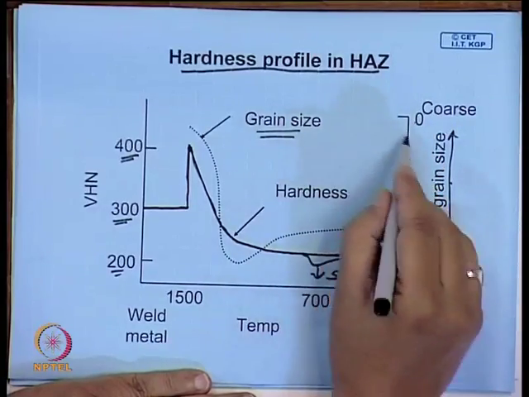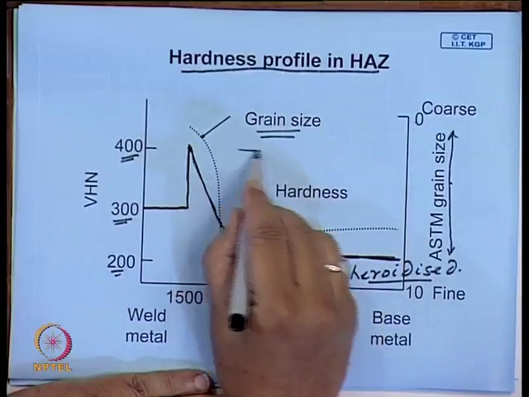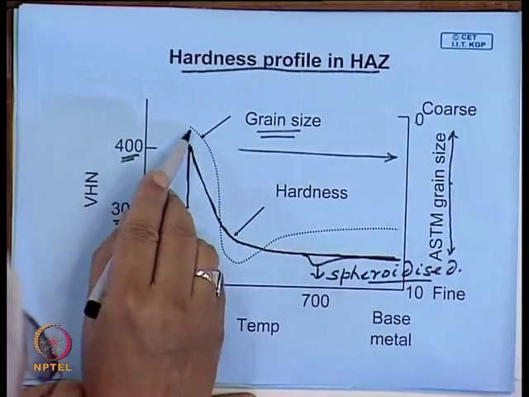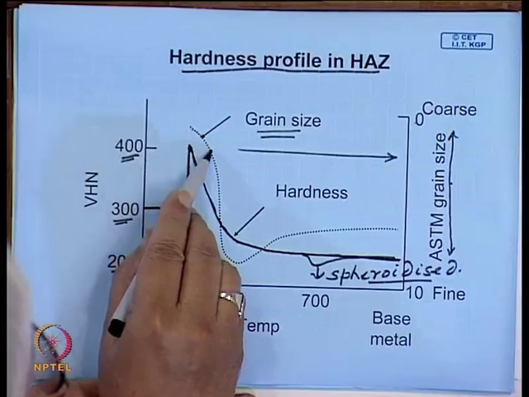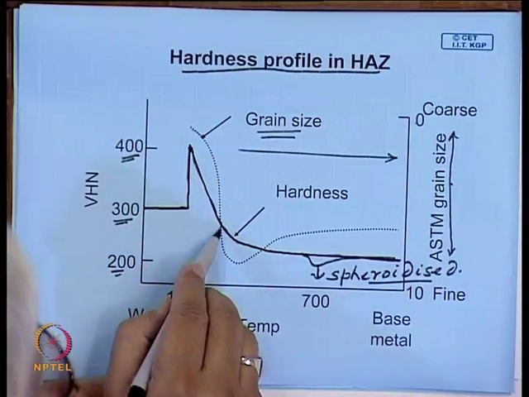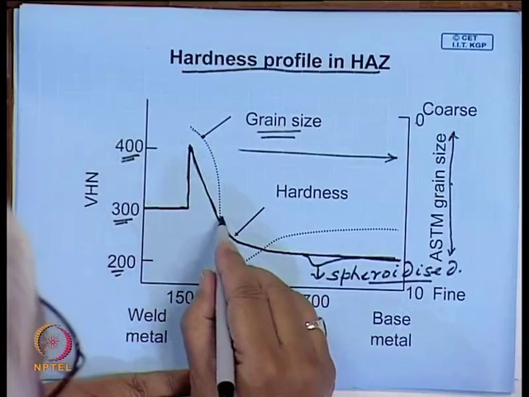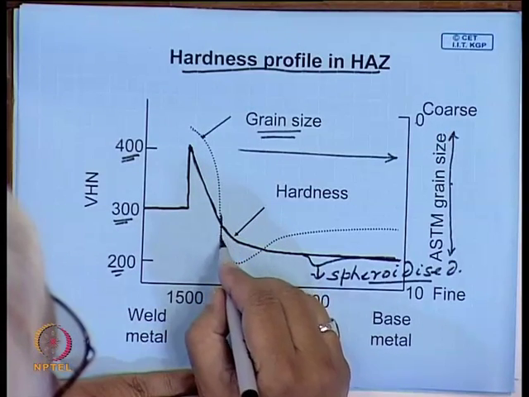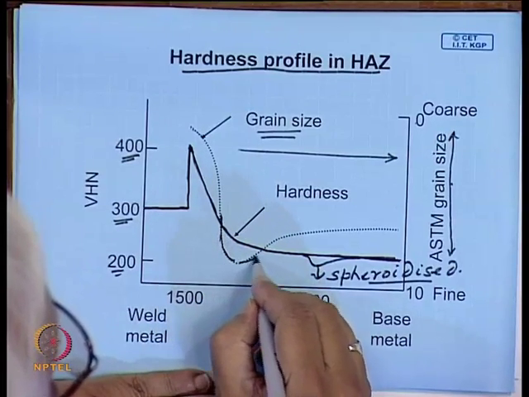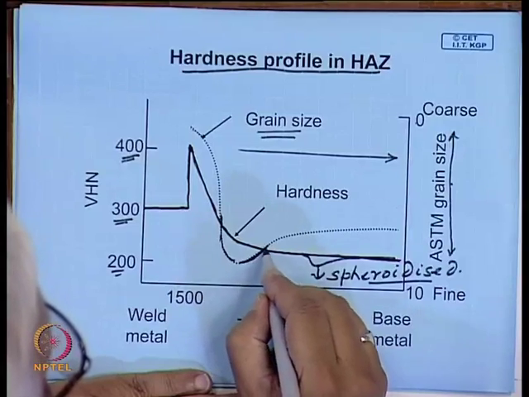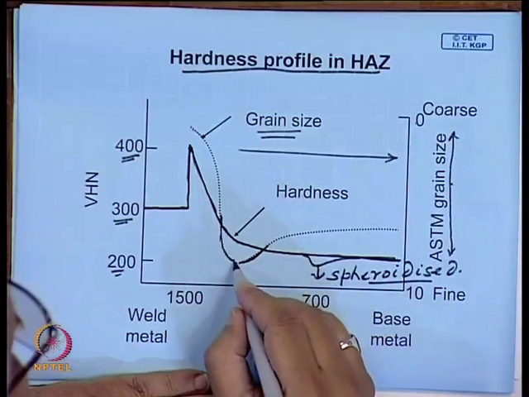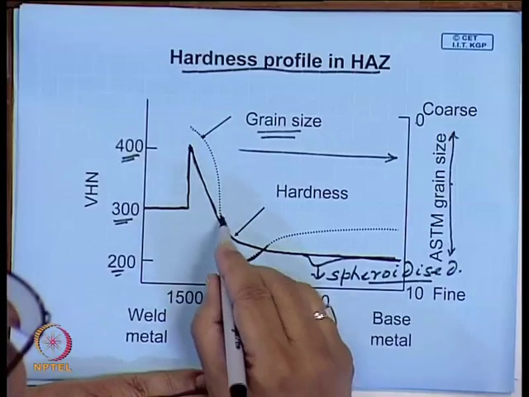So, here the grain is coarse, and as you go away from the fusion zone the grains start becoming finer, and this is a zone where the grain size can become quite fine also, because this is a re-austenitized region where the re-austenitization takes place for a very short time.